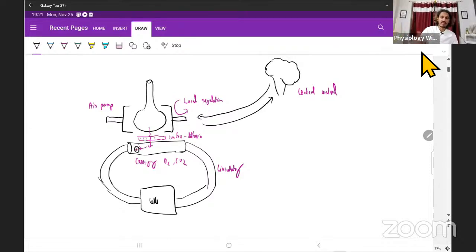These are different components of your respiratory system. It's not only the lungs. This entire complex is what makes up the organization of your respiratory system. That's why I was telling this cannot come as a long question at your level, because there is literally the entire respiratory system you have to explain.